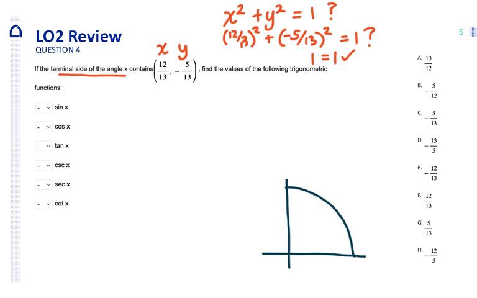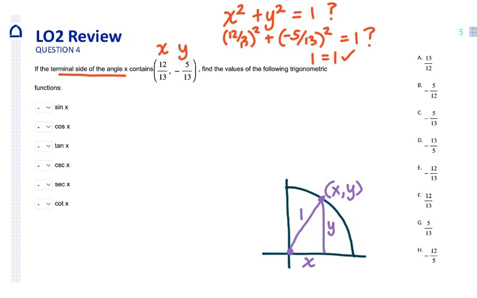So just as a reminder, when we're on the unit circle, that means the radius is 1, and any point on that unit circle, x, y, is talking about the horizontal distance and the vertical distance.